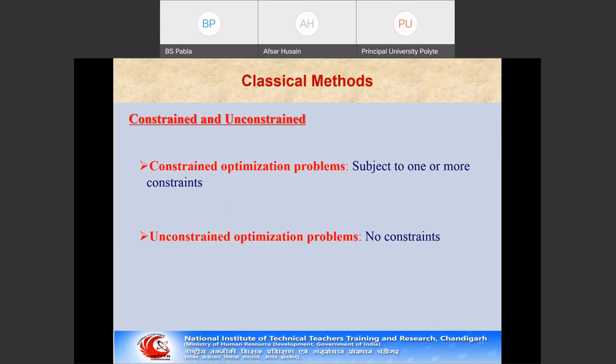In mechanical engineering, we will have, let's say, constraints on resources, constraints on outcomes. Let's say we want surface finish less than or equal to something. RPM should vary between 20 and 2000. Feed rate should vary between these two values. So depending on whether we have constraints defined or not, we can call it a constrained or unconstrained optimization problem.